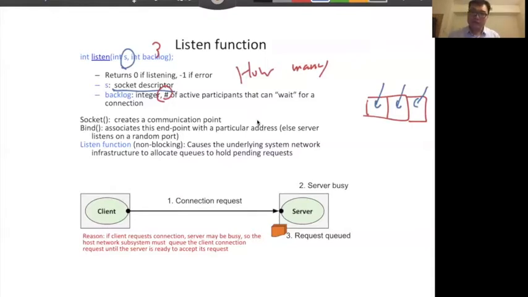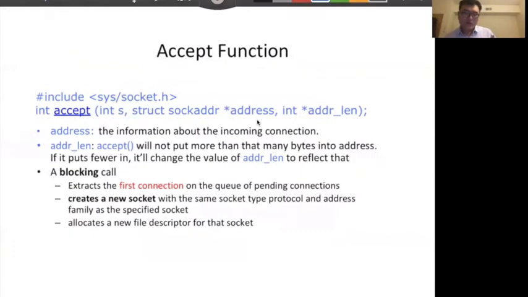After you do the listen, you still have to use another function called accept. Accept is for waiting. Listen prepares a queue, accept waits on the queue. I keep waiting, I keep checking the queue. If data comes into the queue, I get the data and try to process it.